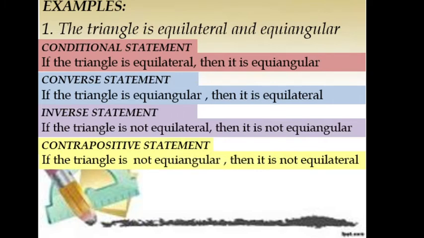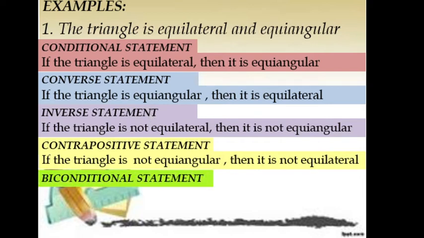Okay, so for contrapositive statement, we have, if the triangle is not equiangular, then it is not equilateral. So, kapareho siya ng converse, but then, lalagyan siya ng word na not, or pagbabaligtarin natin ang position, yung hypothesis and conclusion ng ating inverse statement.